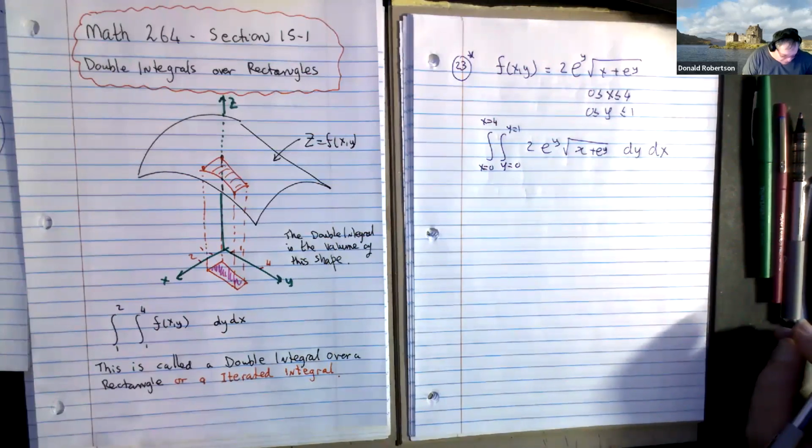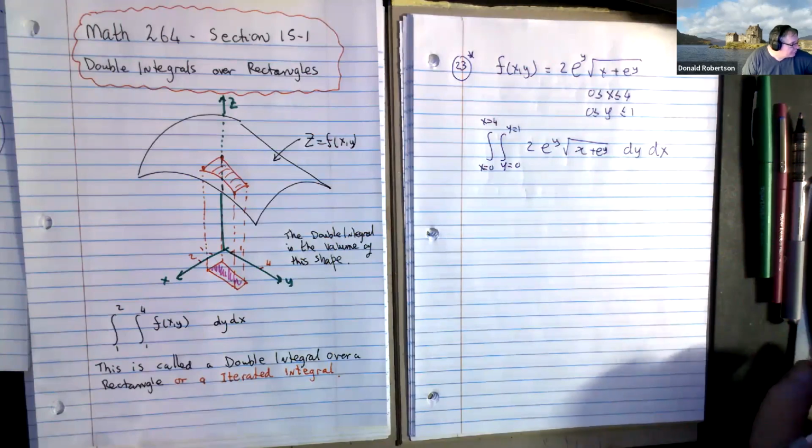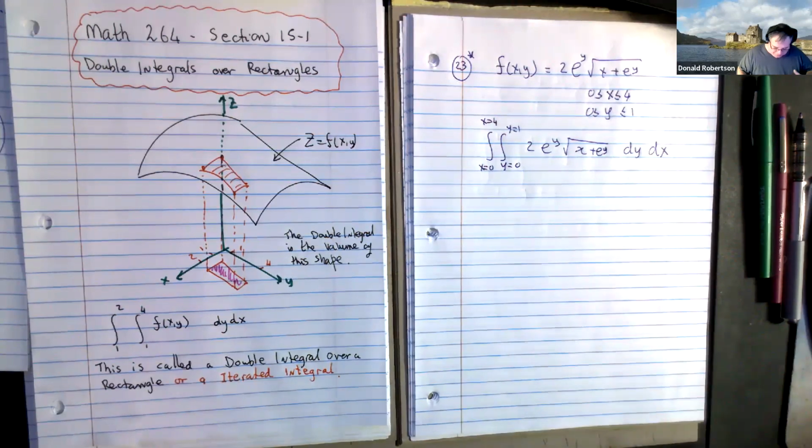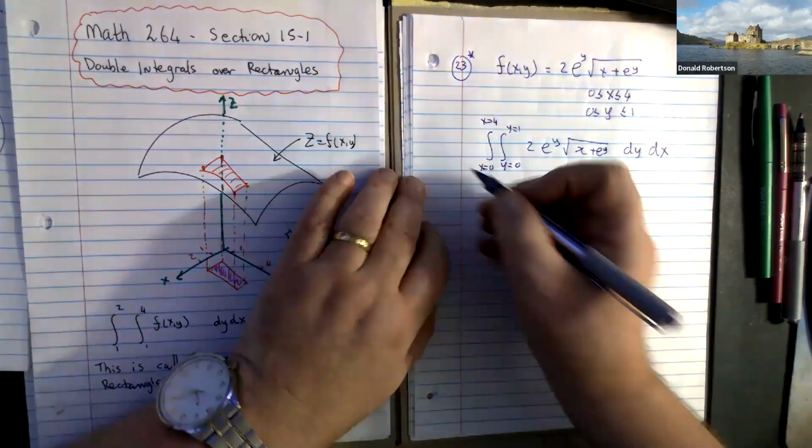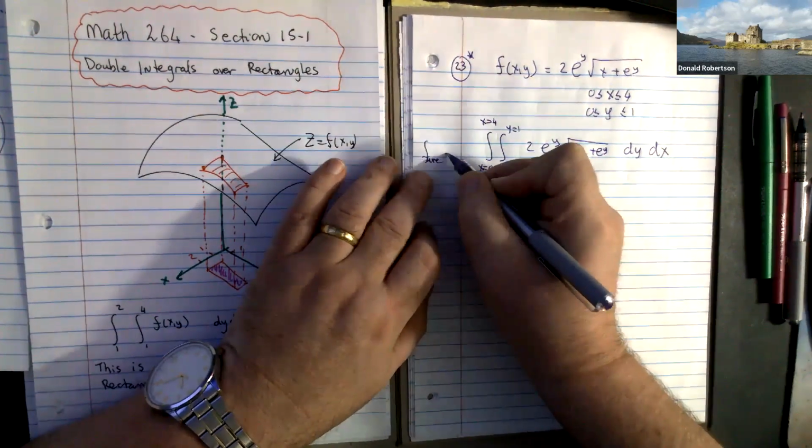You're being asked to find the average of a function. So what is the formula for finding the average of a function?